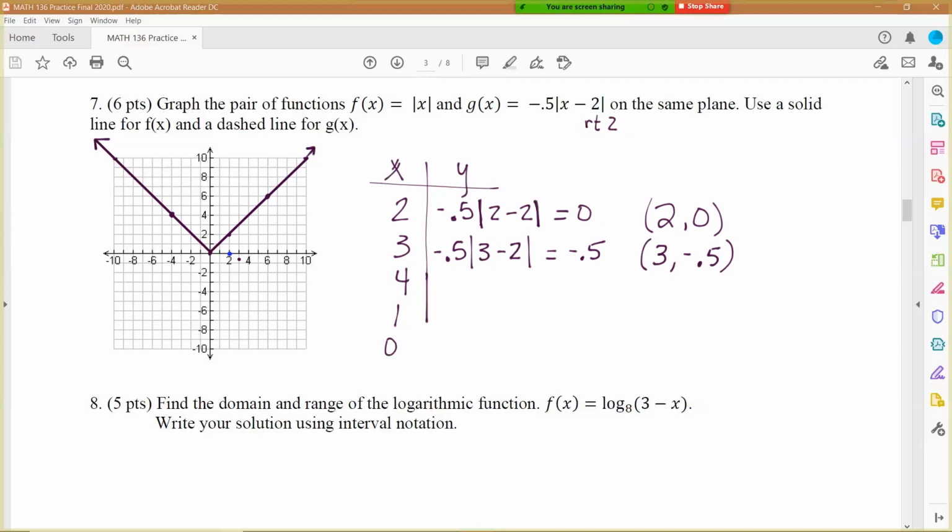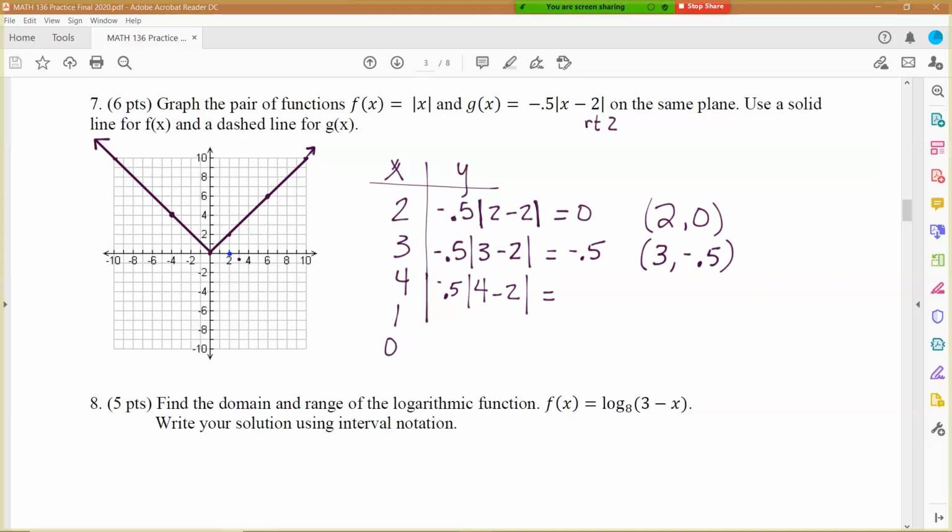Then I'm going to go to 4. This time I'm going to take 4 minus 2. 4 minus 2 is 2.